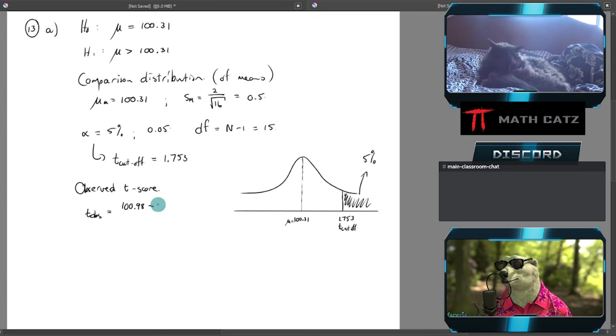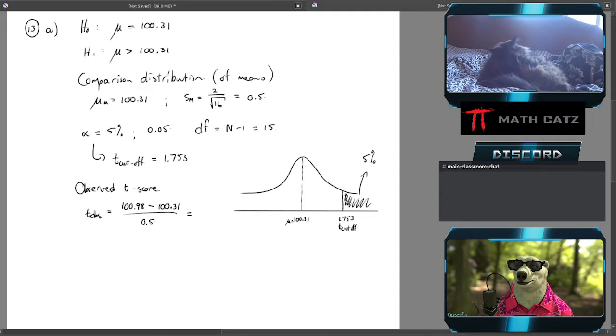100.98 minus the mean of 100.31 under the null hypothesis, divided by the standard deviation approximation of 0.5, and we get, the whole point here is that we don't know.